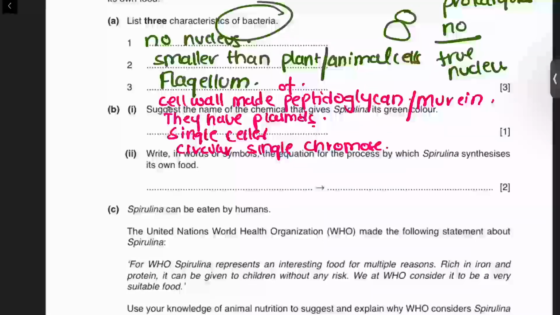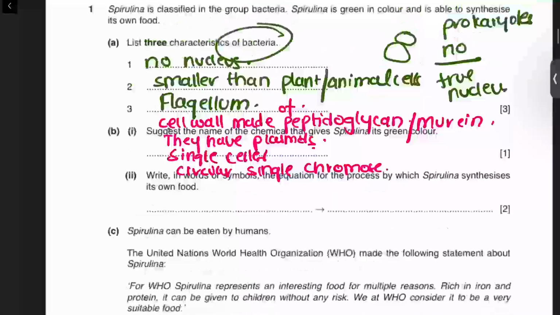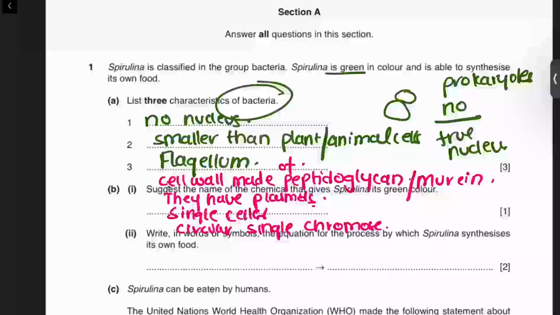So suggest the name of the chemical. You can see spirulina is green in color and is able to synthesize its own food. So what is the pigment that you know of that is green in color and allows an organism to synthesize its own food? What is the process? Photosynthesis, right? Photosynthesis is a process that allows plants to synthesize their own food by combining carbon dioxide and water.